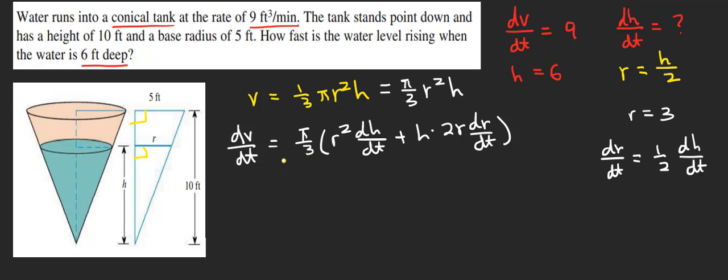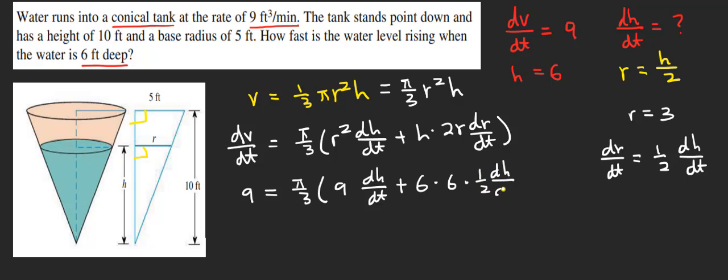So using our substitution now, dV/dt is 9. So pi over 3 times r squared. That's going to be 3 squared, which is 9, dh/dt, plus h is 6, times 2 times 3, which is 6, and then dr/dt is going to be 1 over 2 dh/dt.